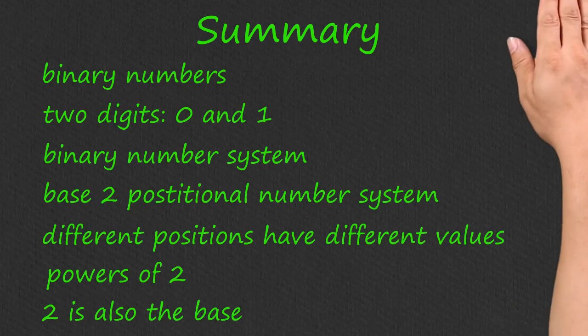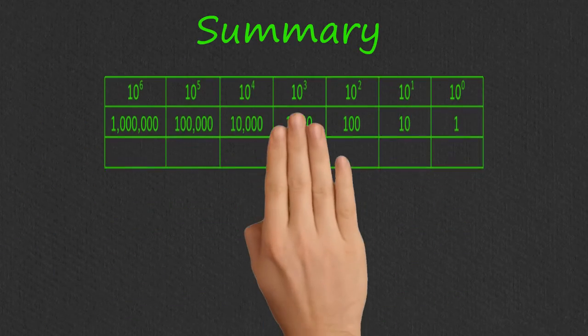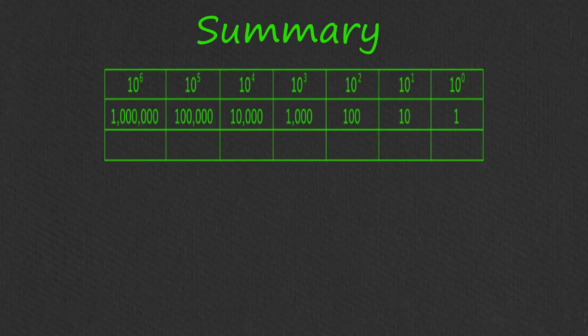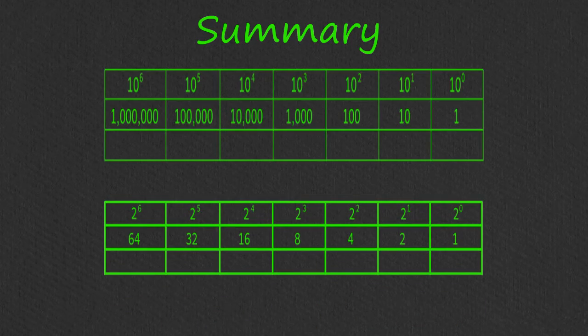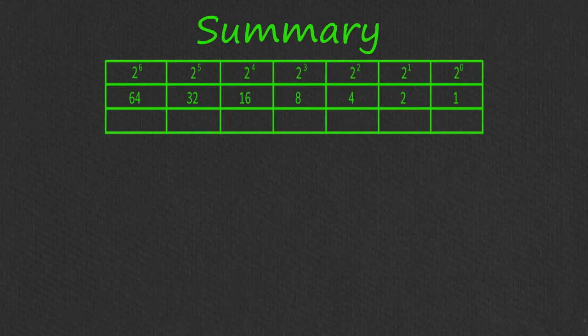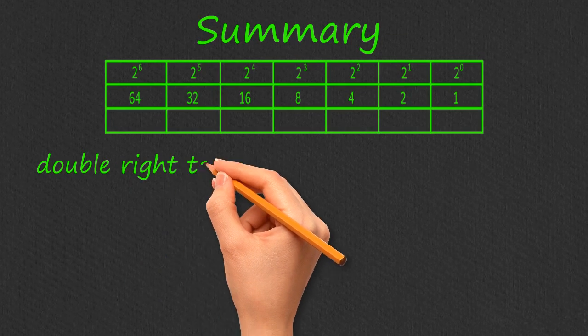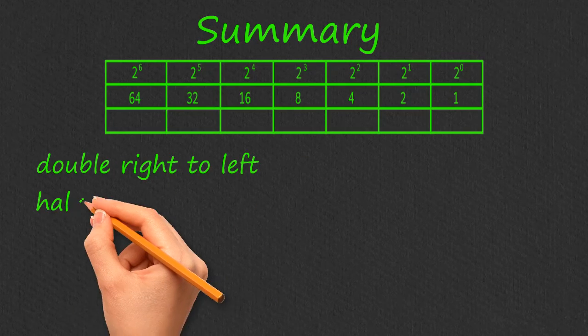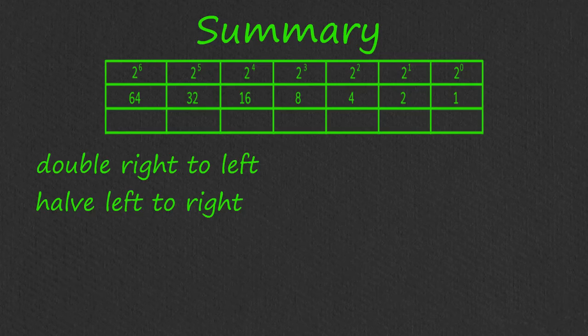We then modified the decimal place value table and built our binary place value table. And we also established that the patterns we spotted on the decimal place value table still hold for the binary place value table, with the modification that this time the place values get doubled when moving from right to left and get halved when moving from left to right.